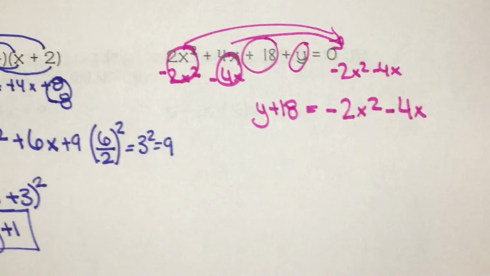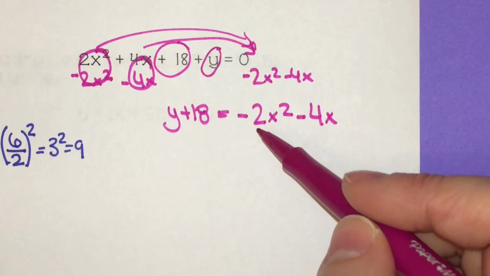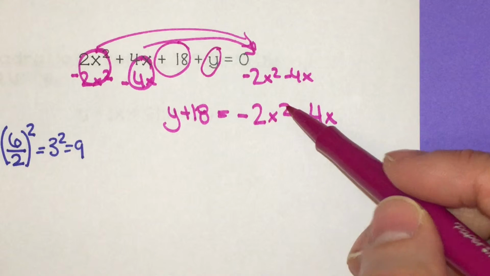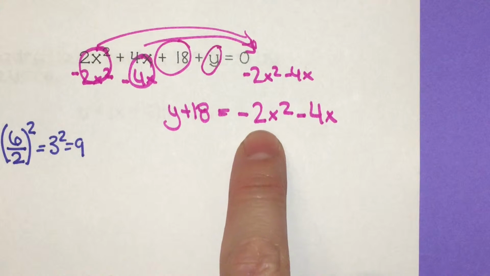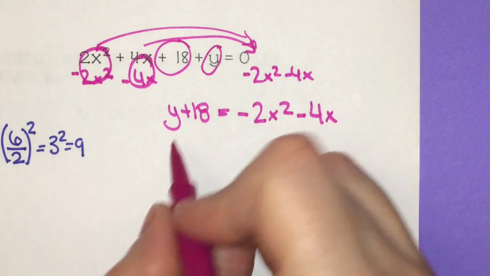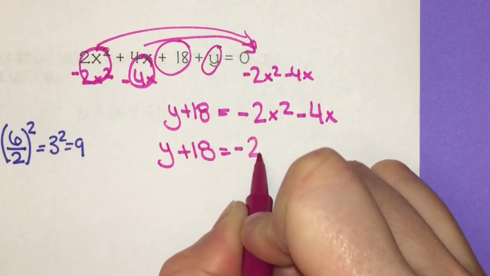Okay, so this one's a lot different than those other ones that we did. We have a number that's multiplied by x squared. So your coefficient has to be 1 on your x squared term, meaning x squared has to be multiplied by 1. So I'm going to have to factor out that negative 2. So I have y plus 18 equals, I'm going to factor out the negative 2.